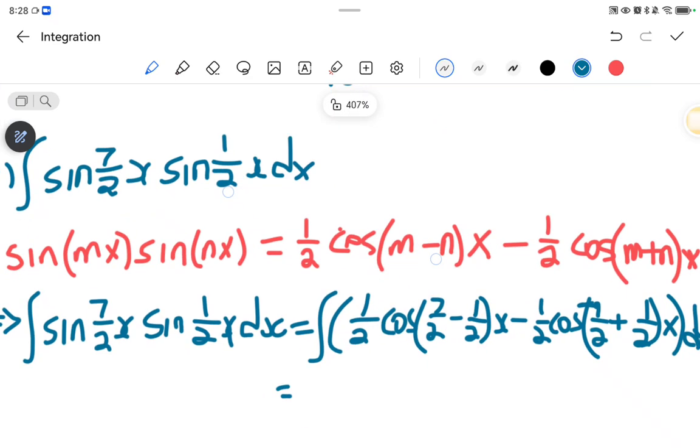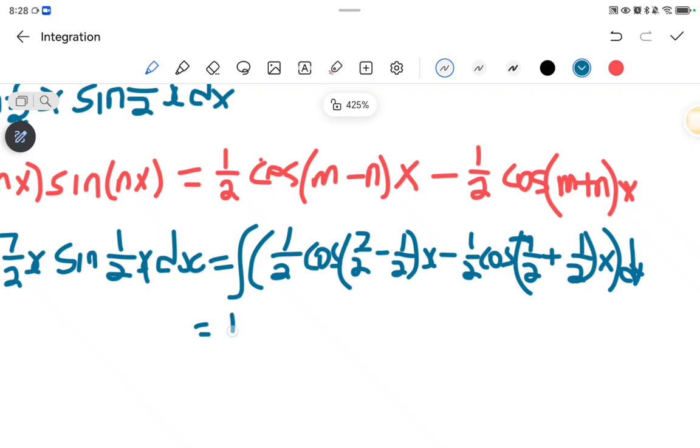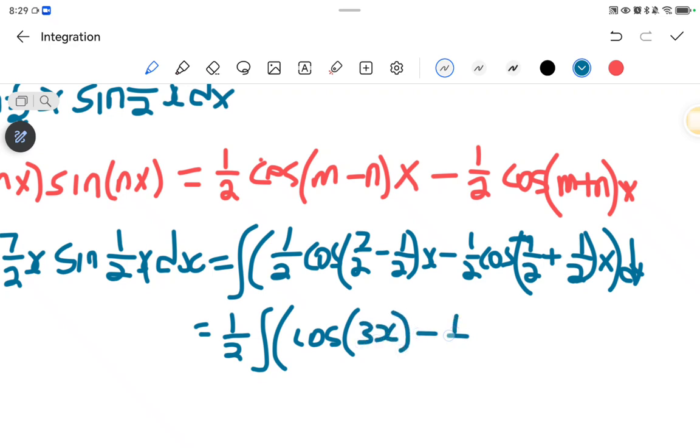Take out the 1 over 2 as a constant: the integral of cos of, this is 6 over 2 and 6 over 2 is 3x, minus 1 over 2 cos of, this is 8 over 2 and 8 over 2 is 4, dx.